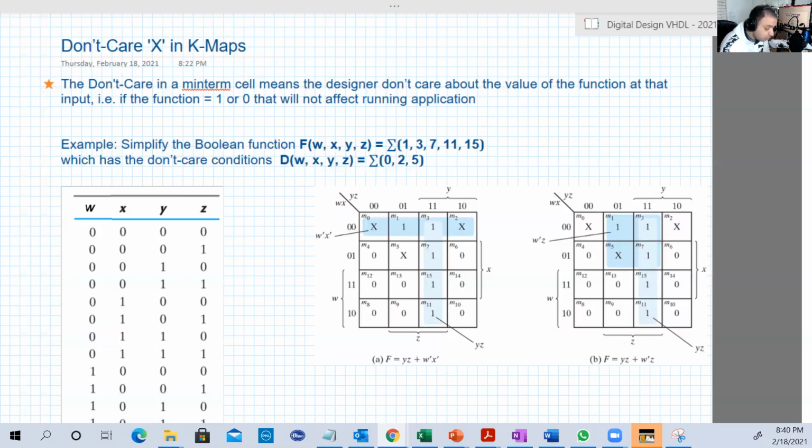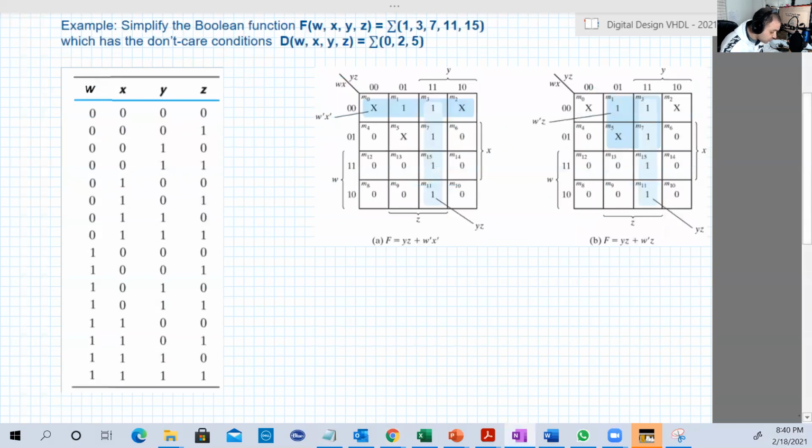Before we go to the Karnaugh map, let's imagine it practically on the truth table. Here f will be, this is 0, 1, 2, 3, 4, 5, 6, 7, 8, 9, 10, 11, 12, 13, 14, 15. Four variables, 16 combinations. It will be 1 at 1, at 3, at 7, at 11, at 15.